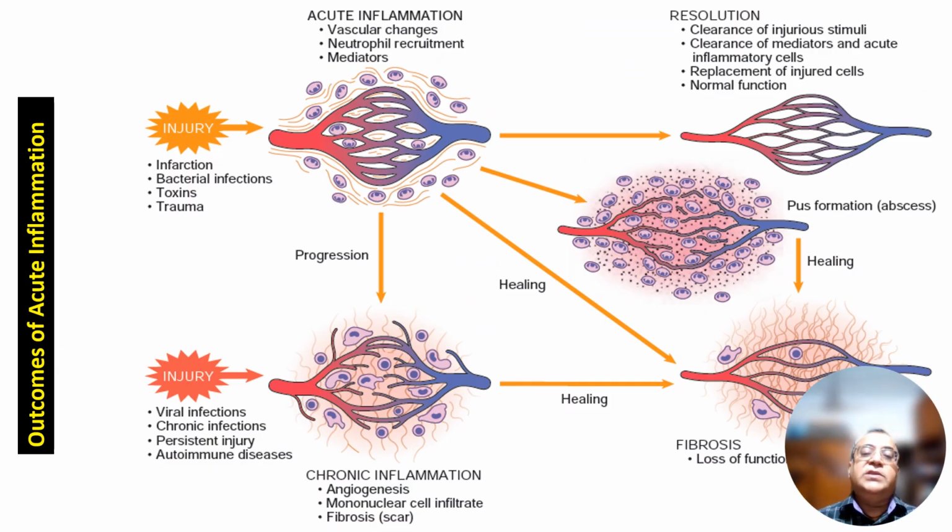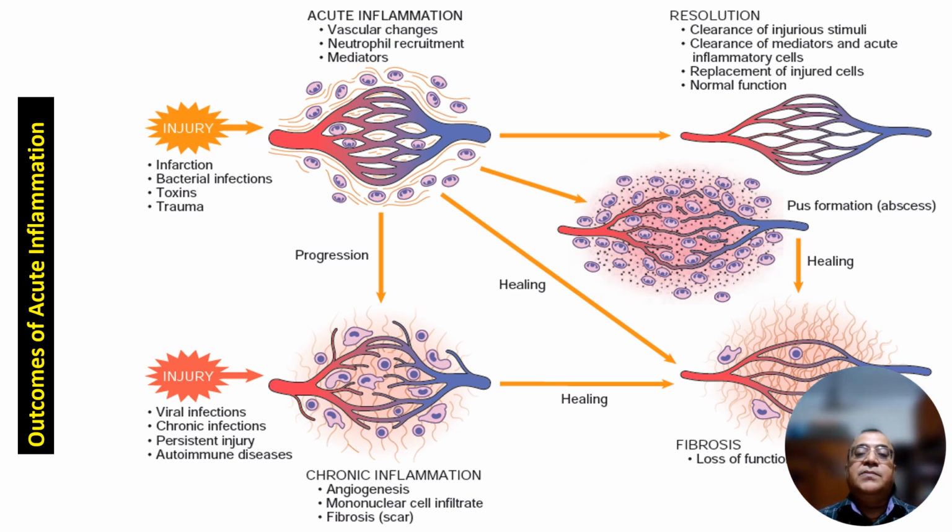There is diversity in the outcome of acute inflammation, and there are many factors in the host as well as the nature of the inflammatory response that determine the outcome.